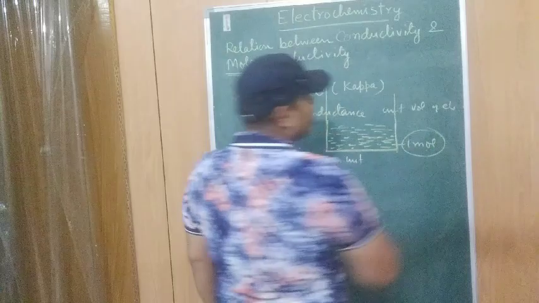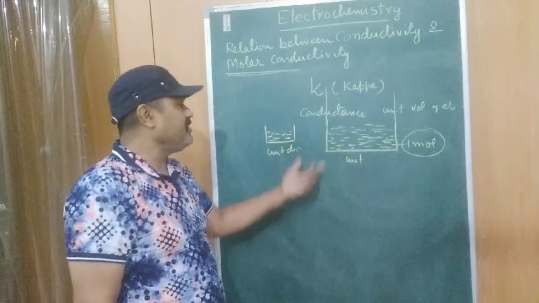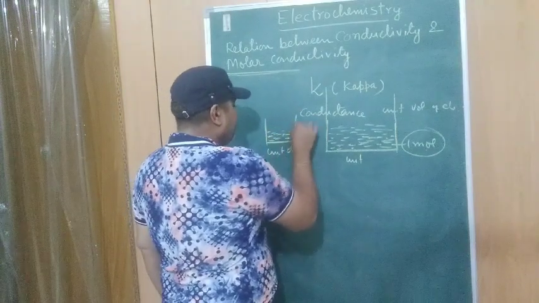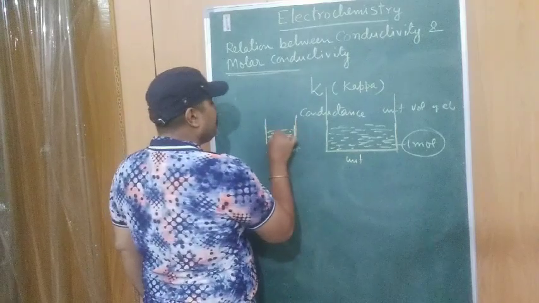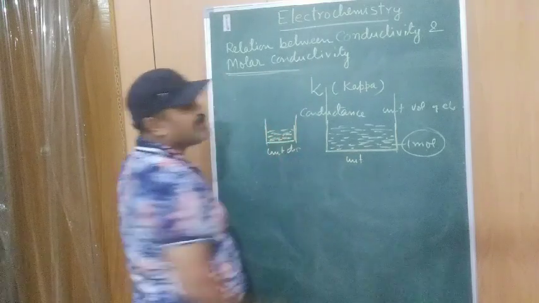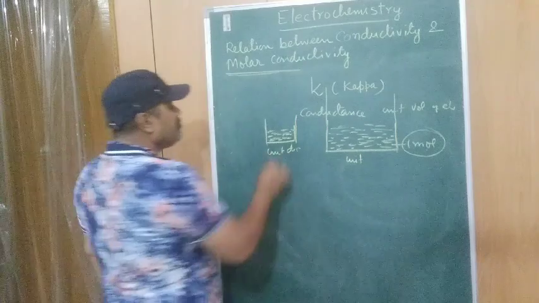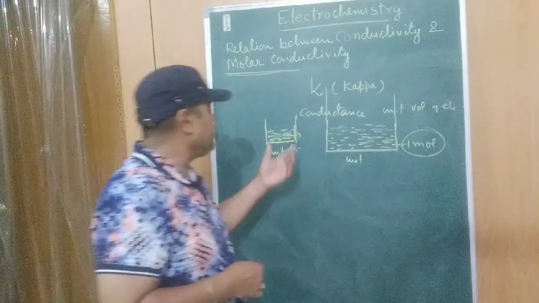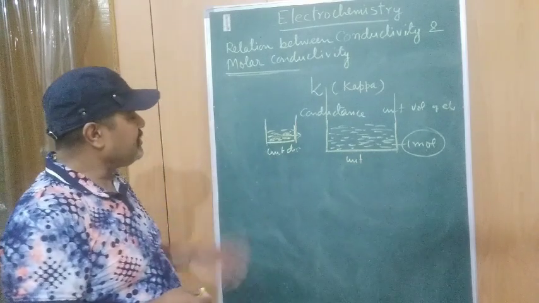This 1 mole of electrolyte may be contained by 1 liter, by 2 liters, etc. And in case of the conductivity, the condition is that the volume must be unit volume. This unit volume may contain 1 mole, it may contain more than 1 mole of the electrolyte, etc.